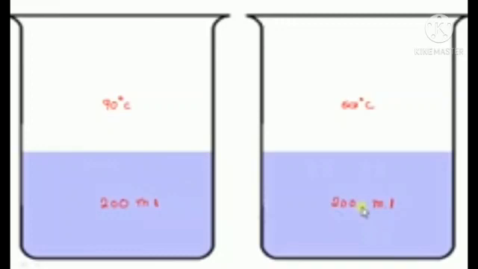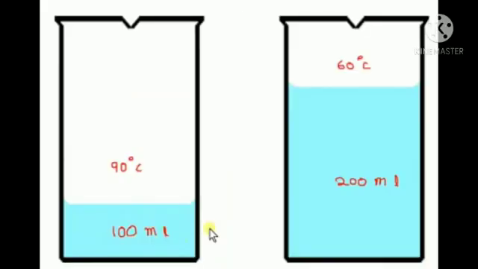What is the reason? Here we consider 90 degrees Celsius water to be hotter than 60 degrees Celsius water, which means 60 degrees Celsius water is colder. So hot water releases the heat and cold water gains this heat.